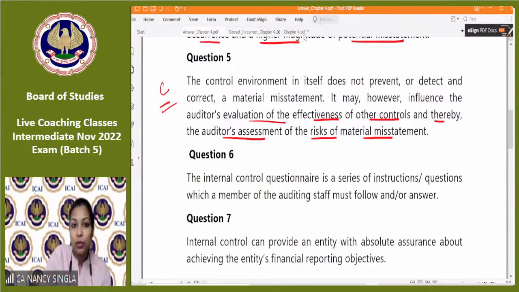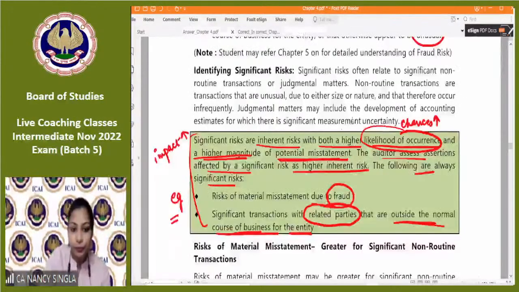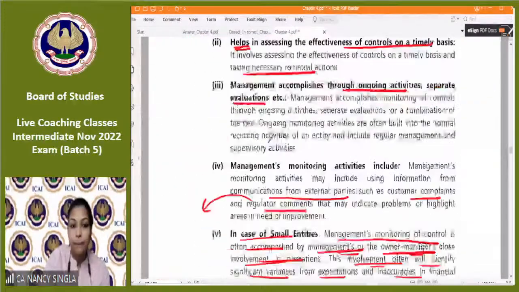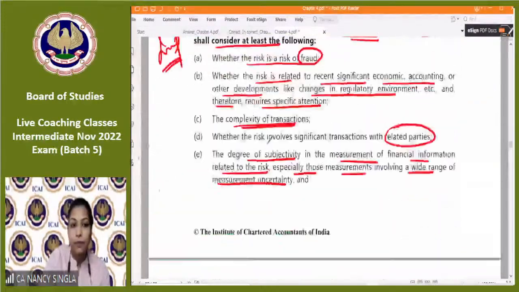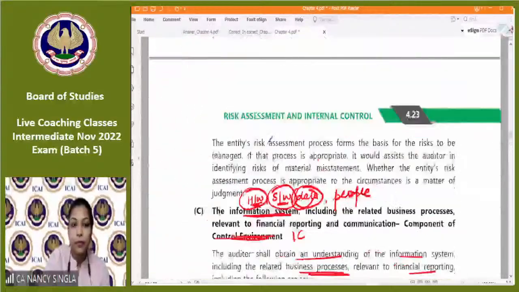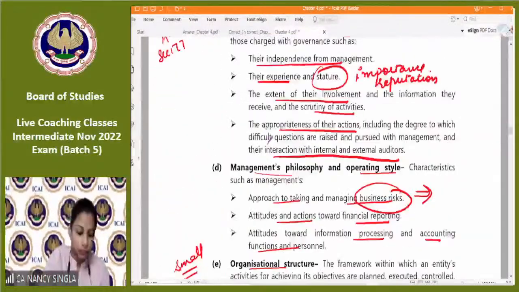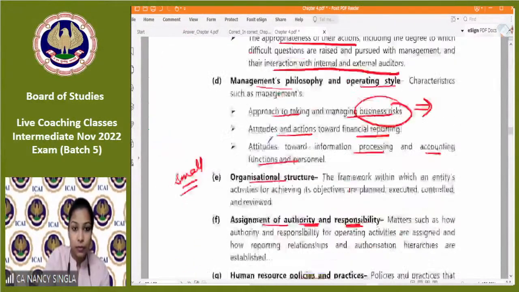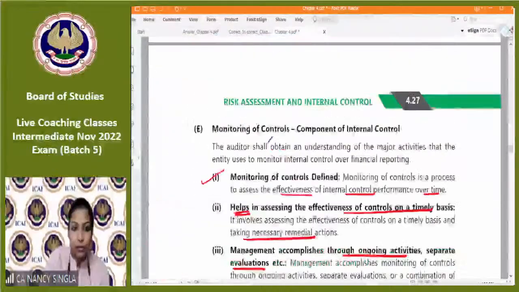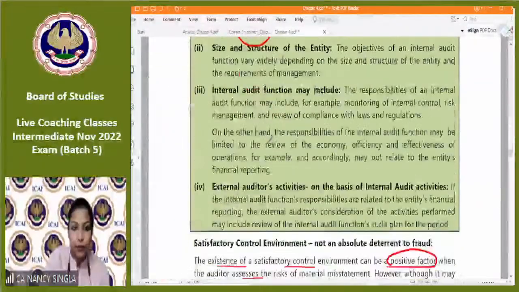Let us just look at the module. What is this topic? This is 4.28. Okay?